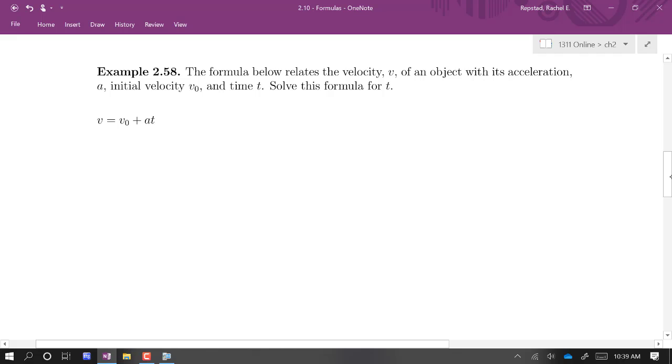Next, this is a formula set up to give a velocity v if we know the initial velocity v naught and the acceleration a after a certain time t. We want to rearrange this formula to solve it for t. So, t is a factor of this term over here at the end, so I'm going to start by subtracting v naught.